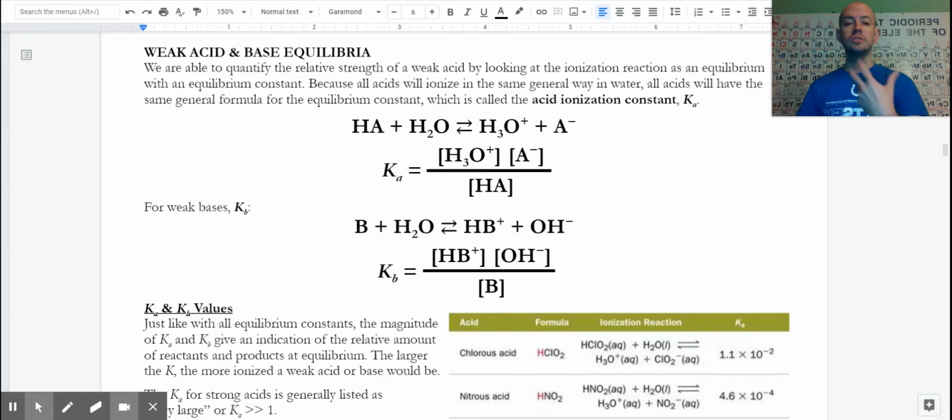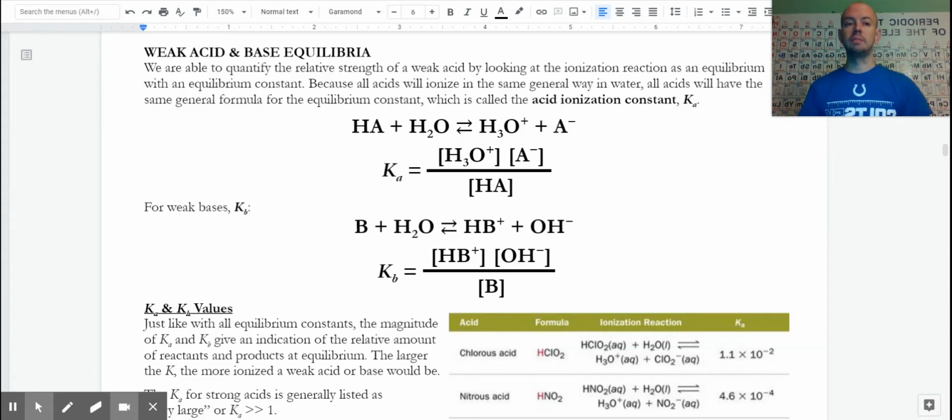As it ionizes, there are a couple of key things that are really important and helpful as we start to look at the math on this. What's important here is that we have molarities for all of these, that we know how much weak acid we have, but that amount of weak acid does not turn 100% into hydronium ion.